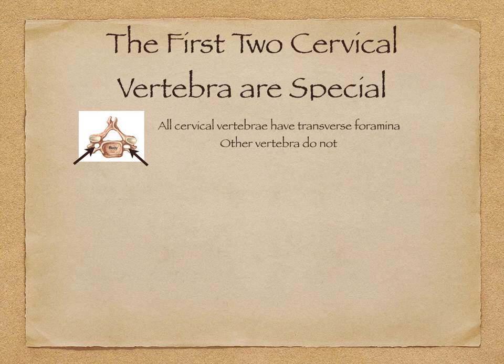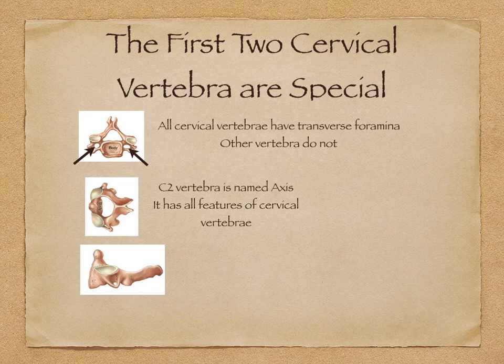They form a special rotating joint, and they have some special features to them. The second vertebra is called the axis, and it looks very much like all the other cervical vertebra, except for one thing.